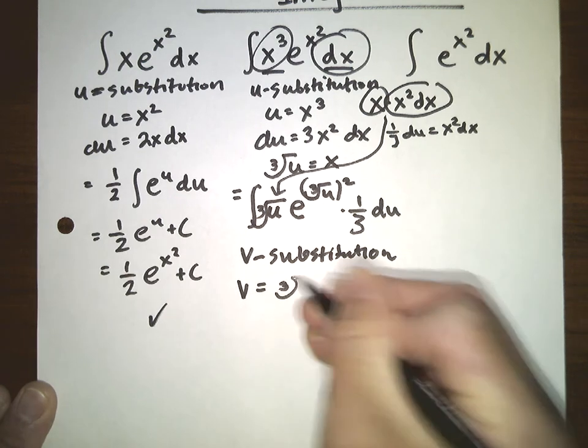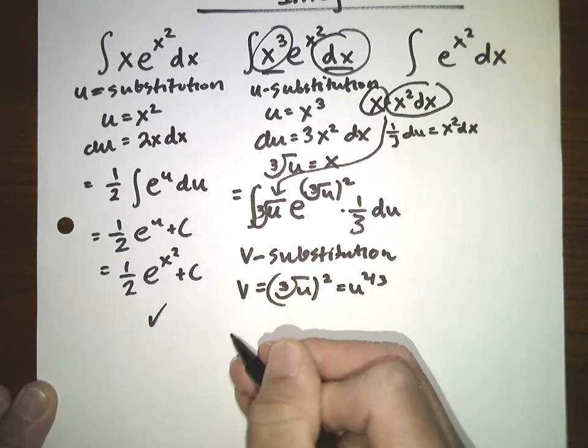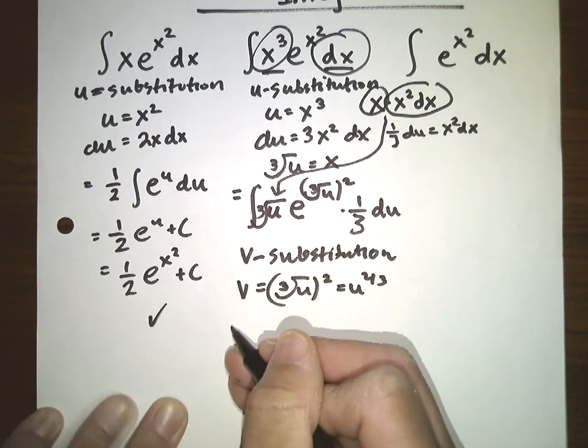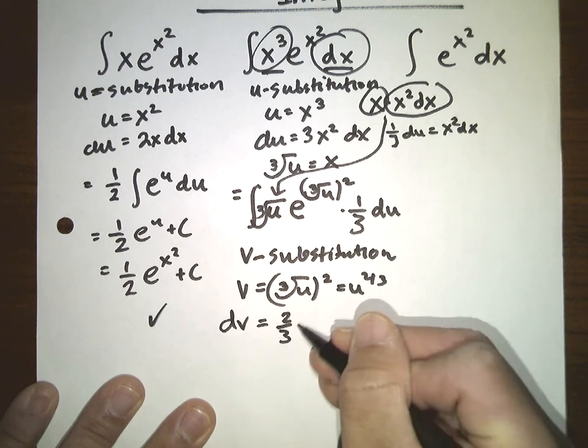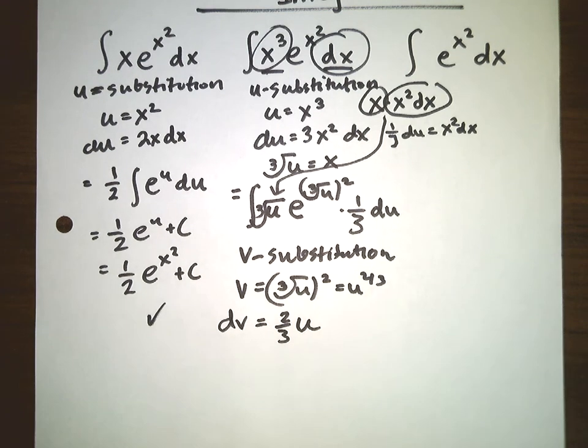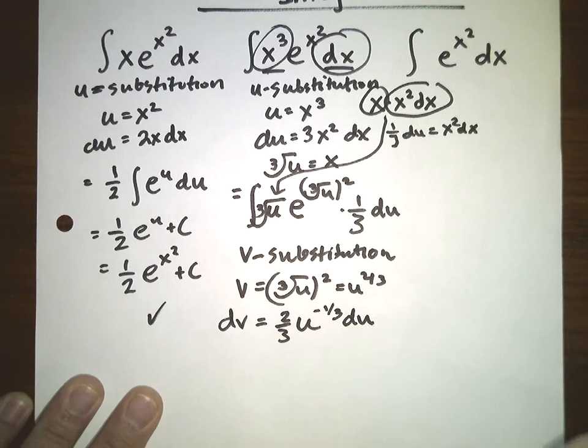So the cube root of u squared, or u to the 2/3 power. So then dv is 2/3 u to the negative a third power du.